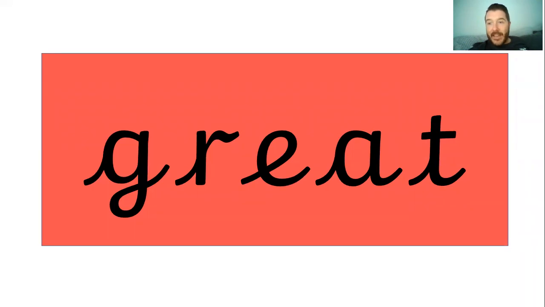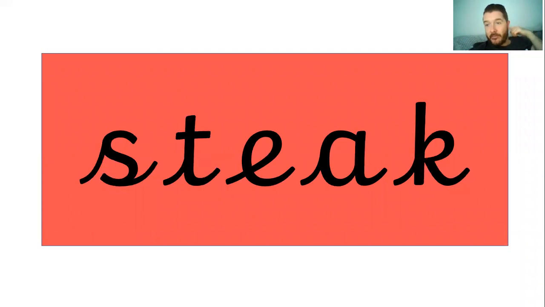It's the EA. That would normally make an E sound, wouldn't it? But in this word, it makes an A sound. And this one? That word is steak. You're absolutely right, steak. And again, that's got the EA making the A sound rather than the E sound.